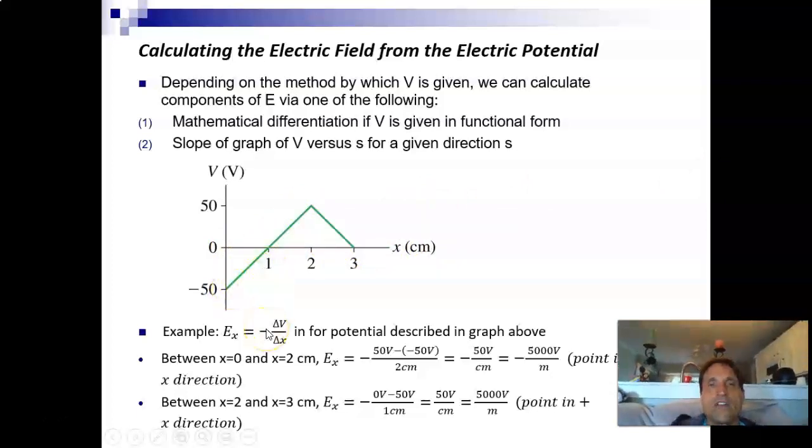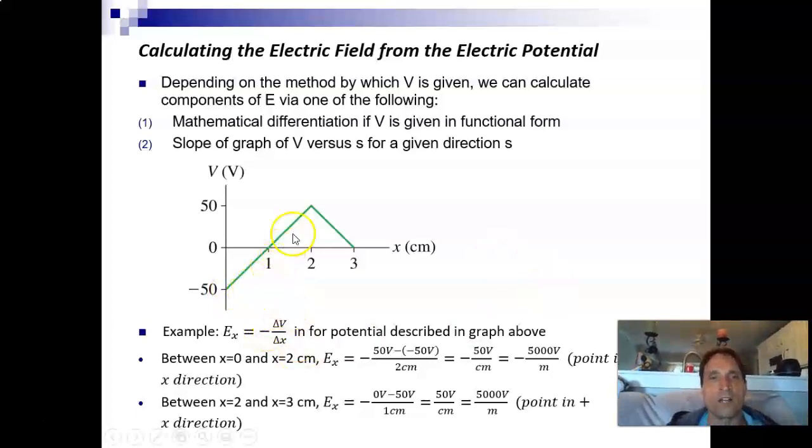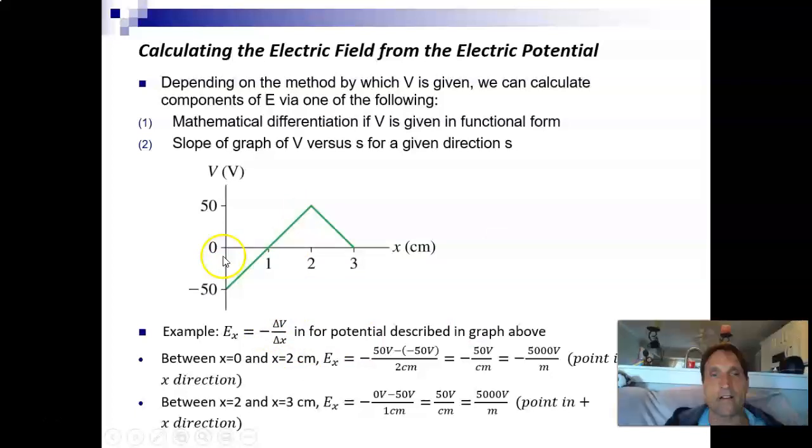So let's do an example. Calculate the electric field component Ex somewhere between x equals 0 and 2 centimeters. In other words, we get the slope of this line, delta V over delta x, and the x component of E is just the negative of this slope.